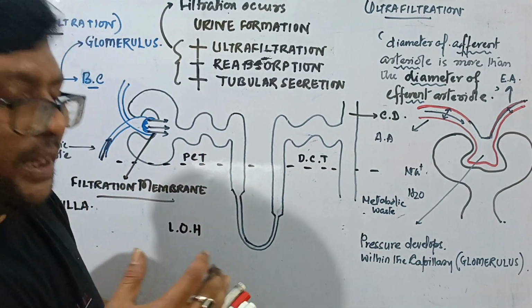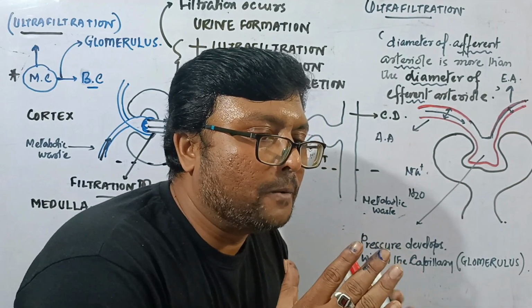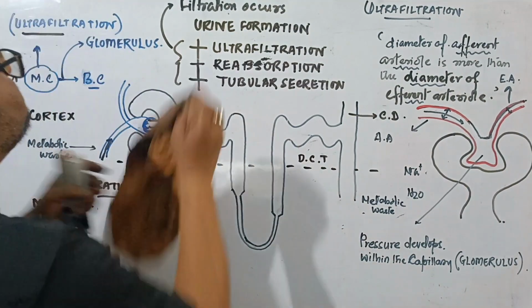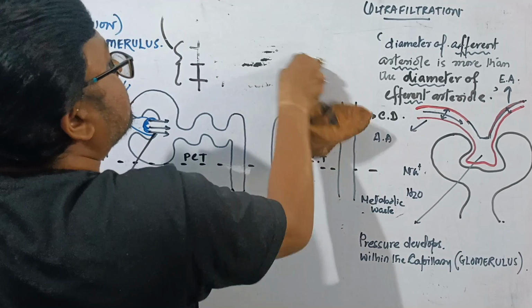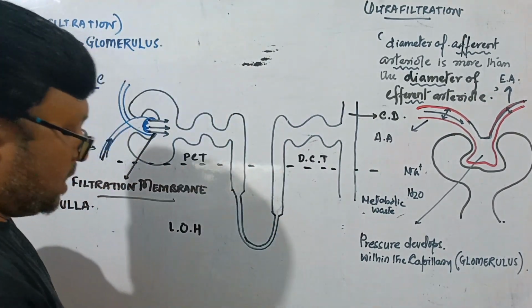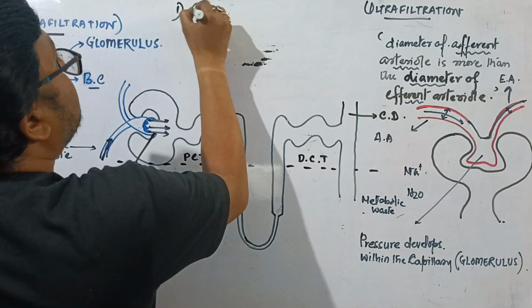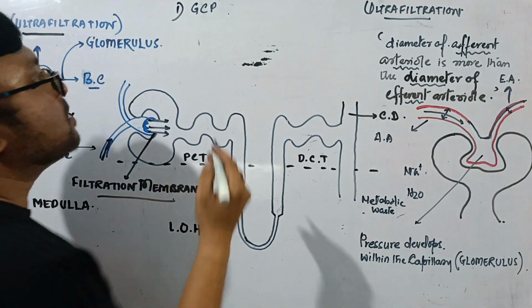And we can say that three different kinds of pressure are generally observed. What are they? First and foremost, glomerular capillary pressure is generally seen.